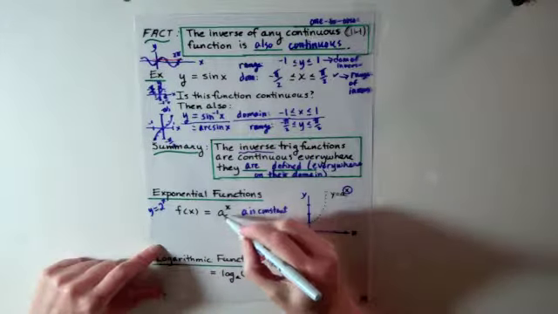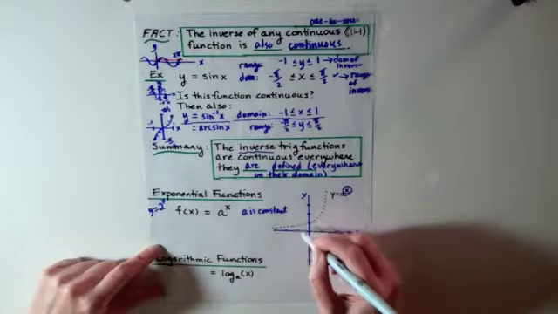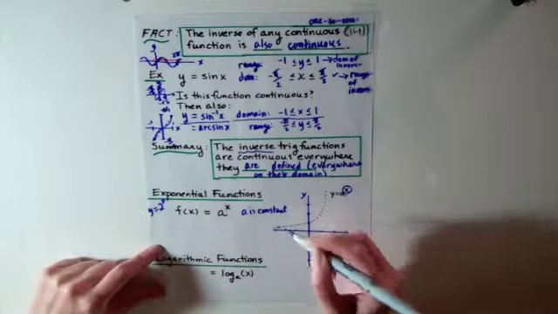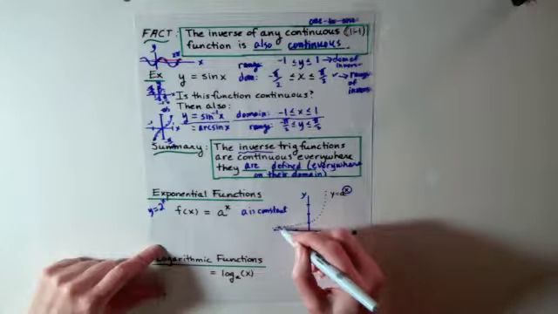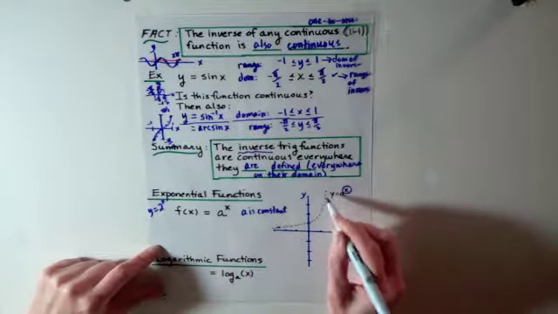And we extend the definition of a to the x for all of the points that would be in between these rationals by saying that if we want a to some irrational number, we will define the output a to that irrational number as the exact output that we need so that this function is always increasing.